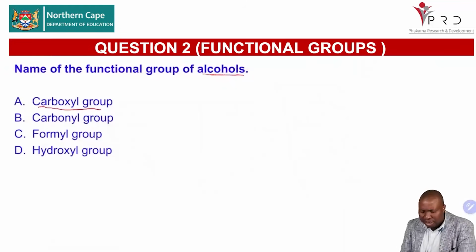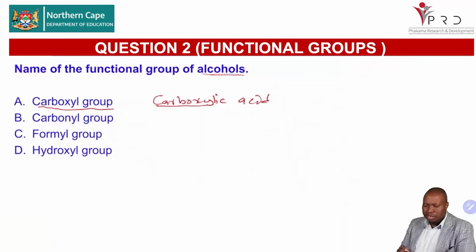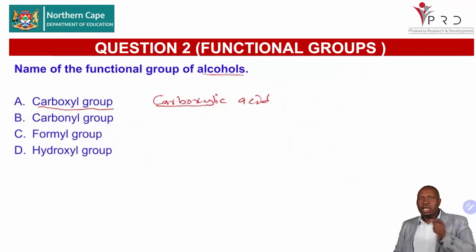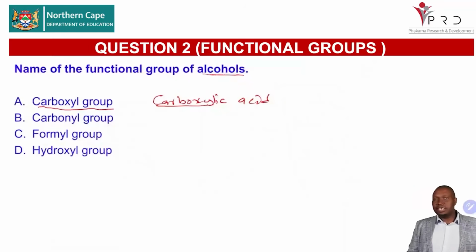You are able to come and check this one. A is the carboxyl group. You can hear from the name carboxyl that it is the functional group for carboxylic acids. And see, all the functional groups have a group because they are groups. We call them functional groups, which means for carboxylic acid, you will call it the carboxyl group.